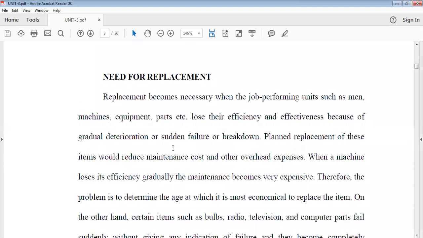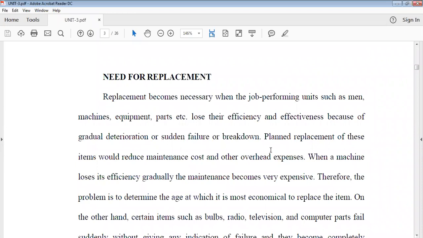Need for replacement. Replacement becomes necessary when the job performing units such as men, machines, and equipment parts lose their efficiency and effectiveness because of gradual deterioration or sudden failure or breakdown.